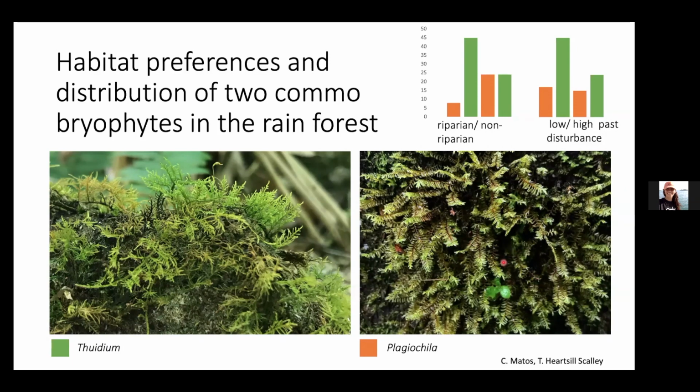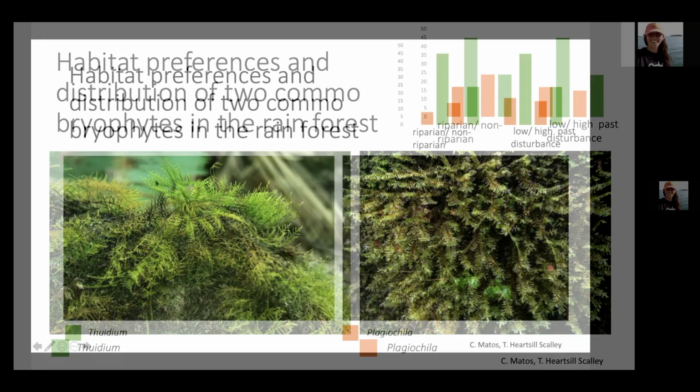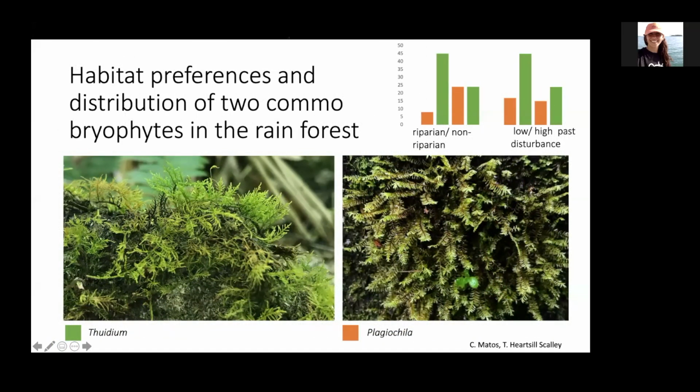And what we found is that Tuidium specifically likes to be near the rivers, while the liverwort Plagiochila didn't really matter that much if it was near the river. We have these two bryophytes, the moss and the liverwort, and they have different preferences on where they would like to live.